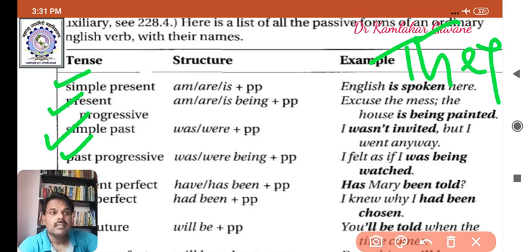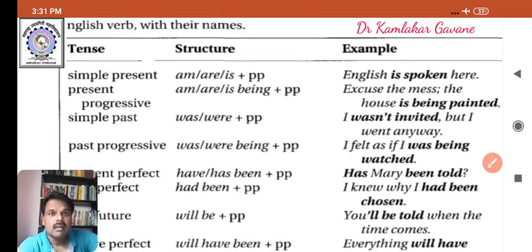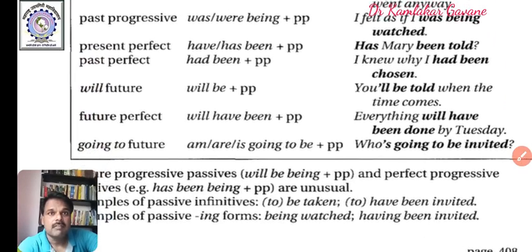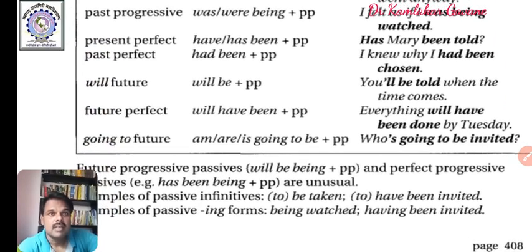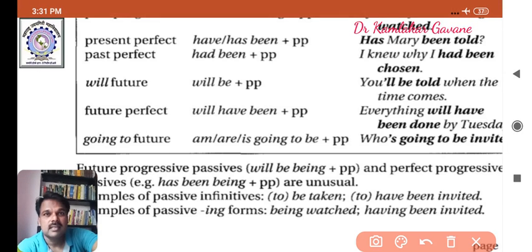Then further we can move to present perfect. Has Mary been told? This is a yes/no type question. We need to take a subject for it; the same they we take. Has Mary been told?